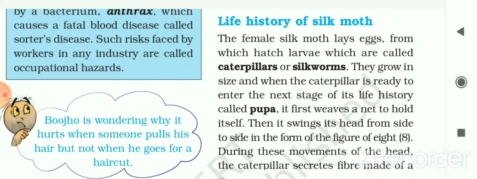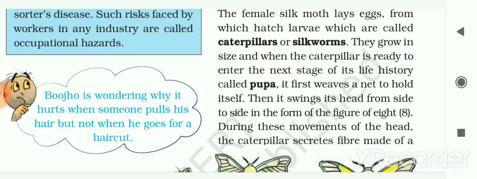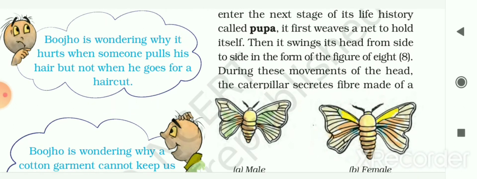The female silk moth lays eggs from which hatch larvae, which are also called caterpillars or silkworms. They grow in size, and when the caterpillar is ready to enter the next step of its life history, known as pupa, it first weaves a net to hold itself, and then swings its head from side to side in the form of the figure of 8.